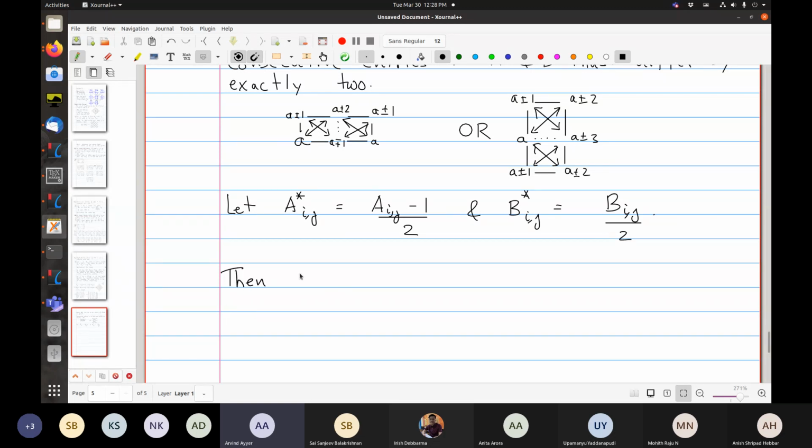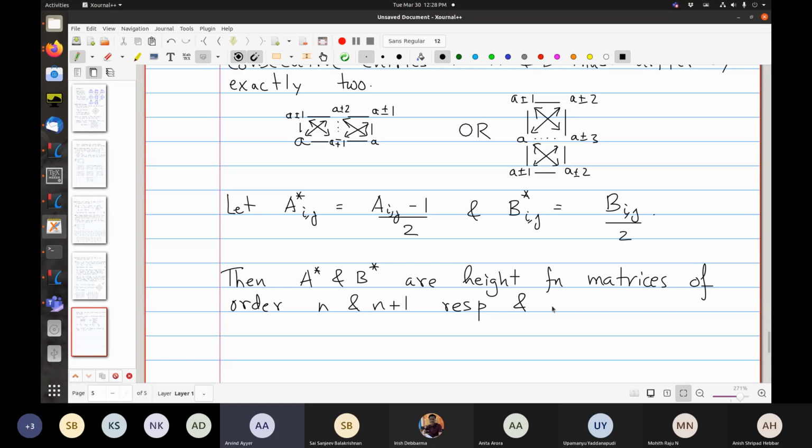Then A star and B star are height function matrices of order n and n plus 1 respectively, and are in bijection with ASMs.